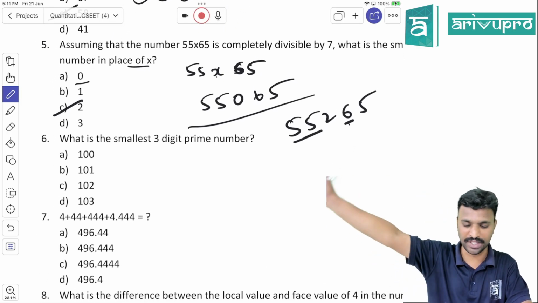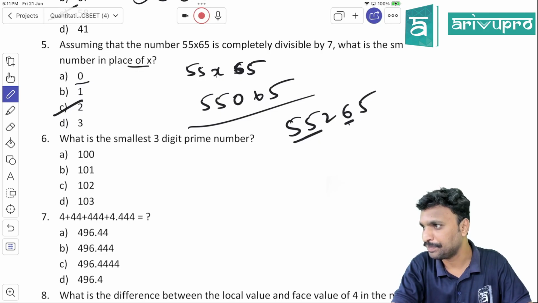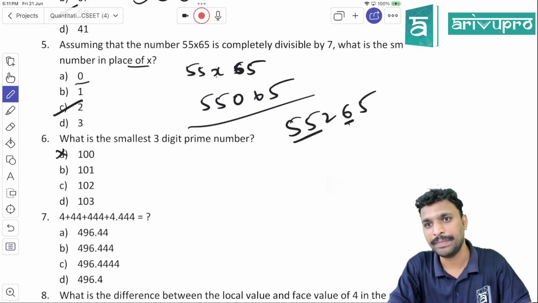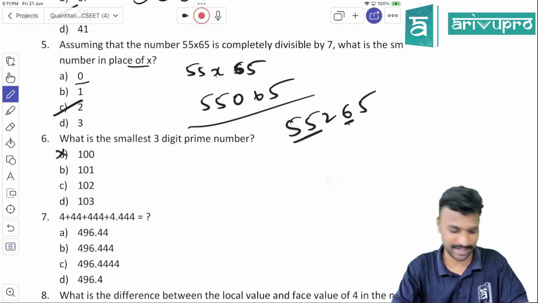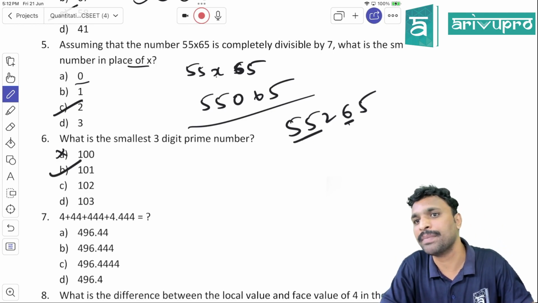What is the smallest 3-digit prime number? Is 100 a prime number? 101? Is it divisible by 3? Definitely no. Is it divisible by 7? Definitely no. So it is the smallest 3-digit prime number.